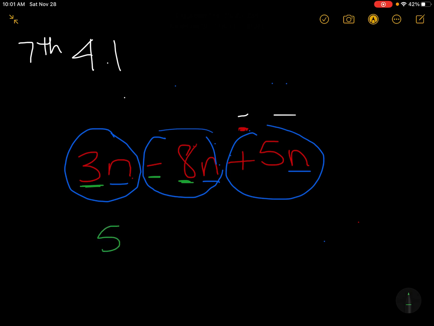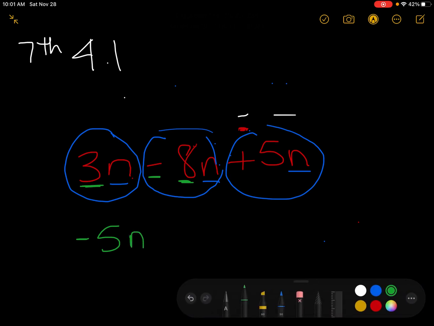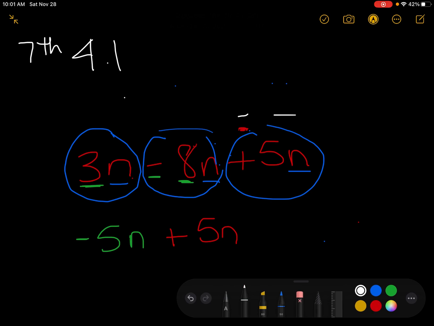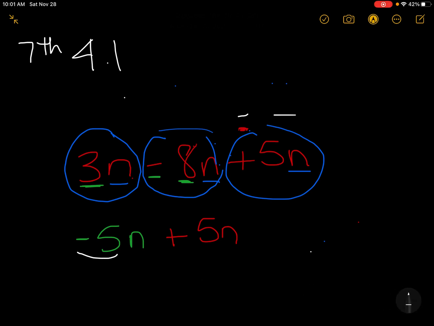And I keep the sign of the larger number, which in this case is 8. 8 was a negative, so negative 5n here. And I copy down the rest of my problem. Plus 5n. All right, so here we go again. Negative 5 plus 5 equals 0. There is nothing left here.